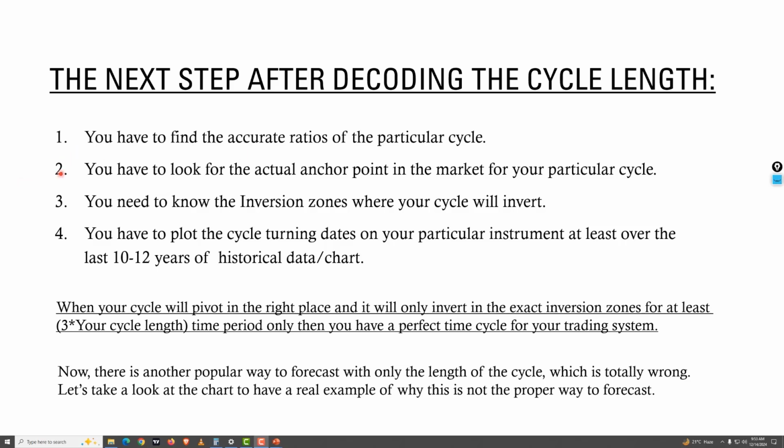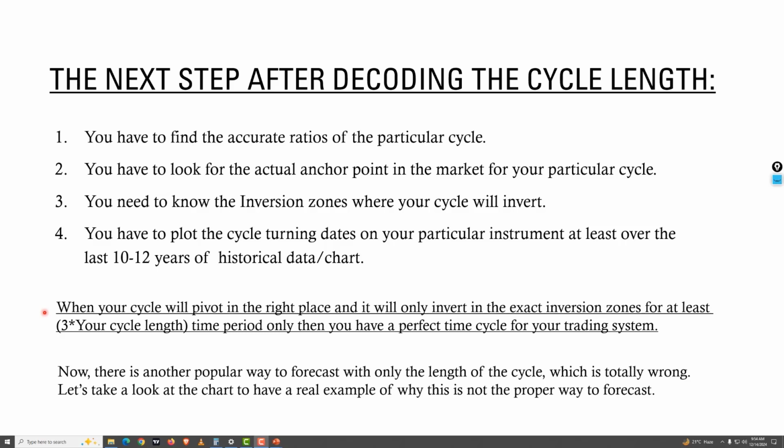Number two, you have to look for the actual anchor point in the market for your particular cycle. Number three, you need to know the inversion zones where your cycles will invert. Number four, you have to plot the cycle turning dates on your particular instrument over at least the last 10 to 12 years of historical data or chart.